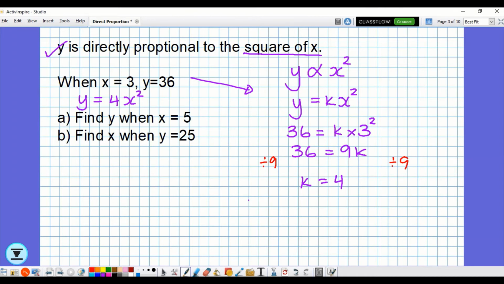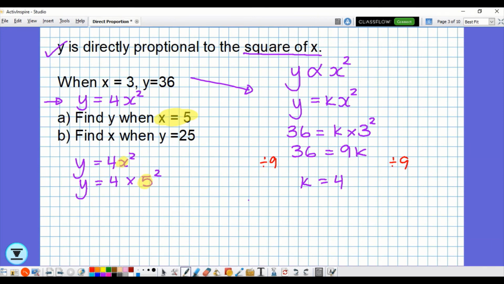Now we need to find y when x equals 5. So I'm going to use this equation here. So now y is equal to 4x squared. Find y when x equals 5. So substitute this value in. y equals 4 times 5 squared. So I have just substituted my value of x into here, so we have 5.